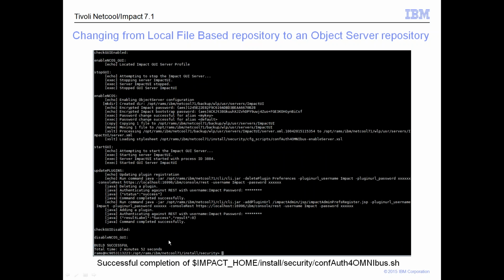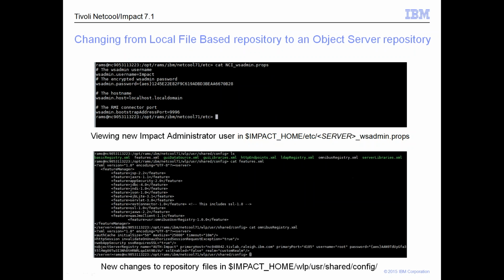And now we can have a look and see how that fared. First thing, we can again look at the WAS admin properties file. You can see now that the user is impact, whereas before it was impact admin, and that's an object server user.